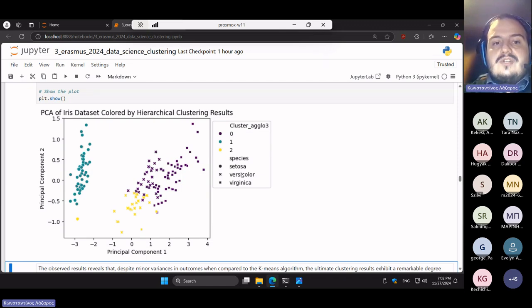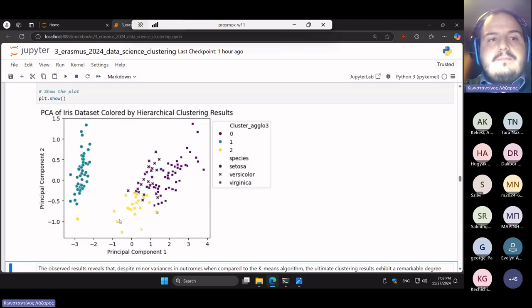I'd say that the more characteristic differentiation between the two is that although we had all setosa samples in the same cluster using k-means, with hierarchical clustering we now have this sample right there, which is said to belong, according to hierarchical clustering, of course, to cluster number 2, or the third cluster that has been created.